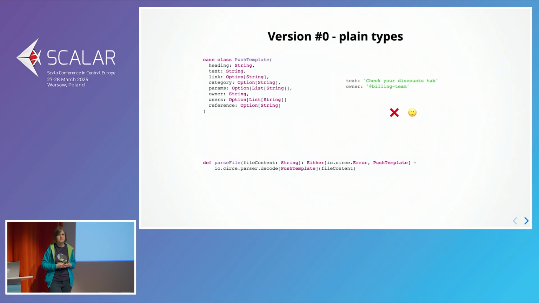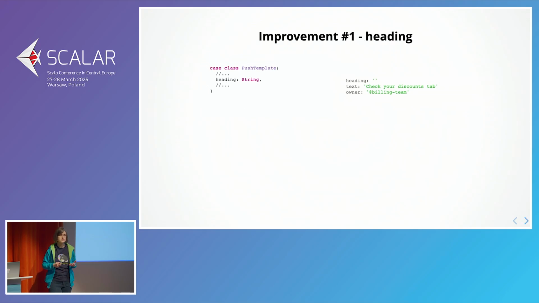But of course, we know that's not enough. For example, what if you do provide the heading, but it's a blank string? You could do it with those simple strings, but that's not what we want, because it would actually be introducing an error, and we might miss it during code review, and it might result in some kind of problem later in production. So here is where the Iron library comes in.